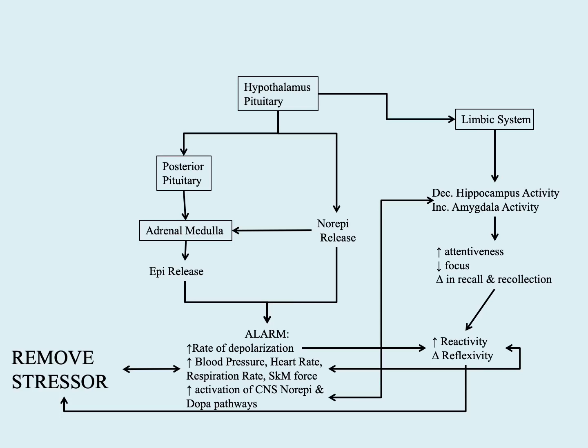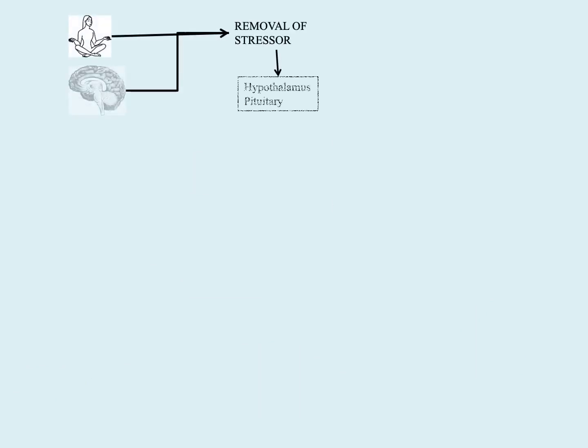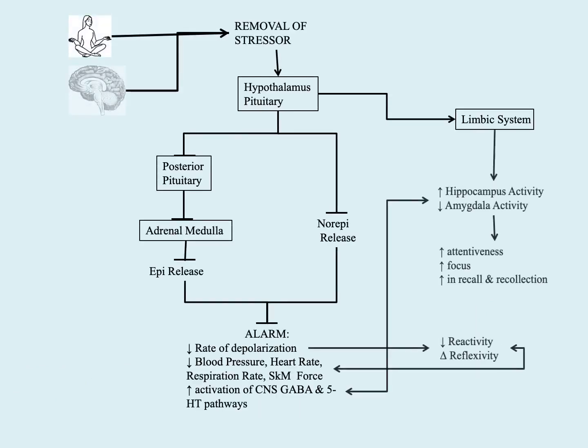We see this positive feedback loop of responsiveness occurring during periods of excessive stress where we cannot differentiate whether it's a stress or not. Opposite of this, we pull in the parasympathetic. We pull this in as we start to remove the stress, or when we start to perceive the stress as not being stressful.